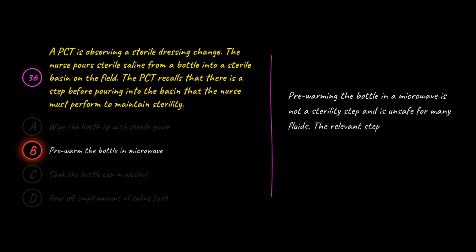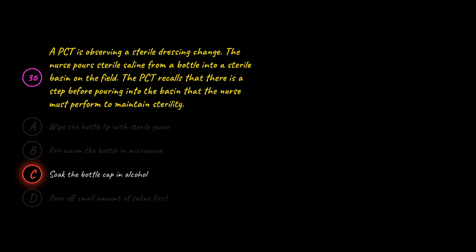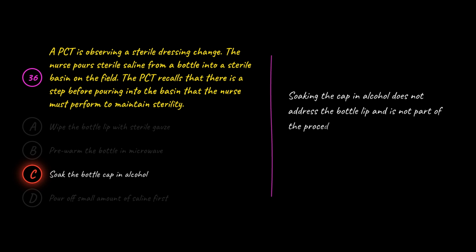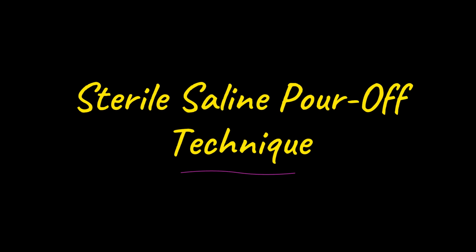The relevant step before pouring into the basin is the flush of the lip, not any heating preparation step. C is wrong because soaking the cap in alcohol does not address the bottle lip and is not part of the procedure. The standard is to pour off a small amount to clear the lip rather than acting on the cap. Sterile technique is built on one core principle.